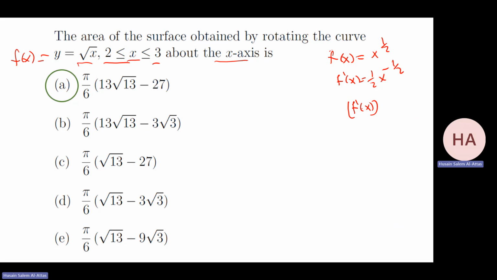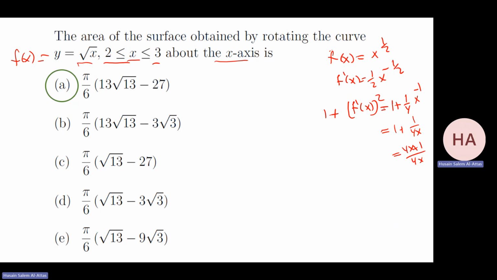F prime squared, 1 plus that will be 1 plus 1 over 4 x to the power minus 1, which I can write as 1 plus 1 over 4x, which is 4x plus 1 over 4x.